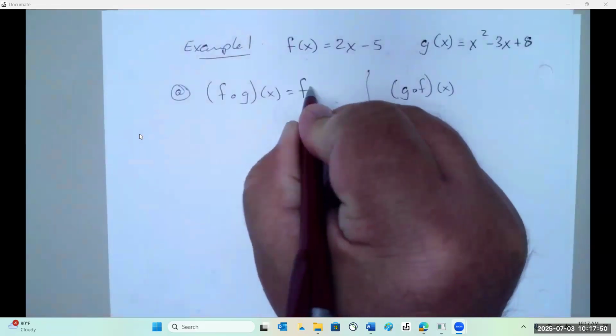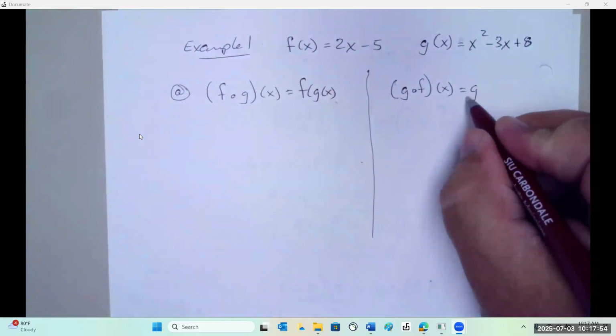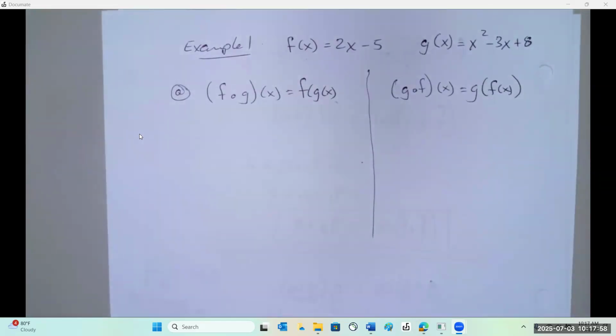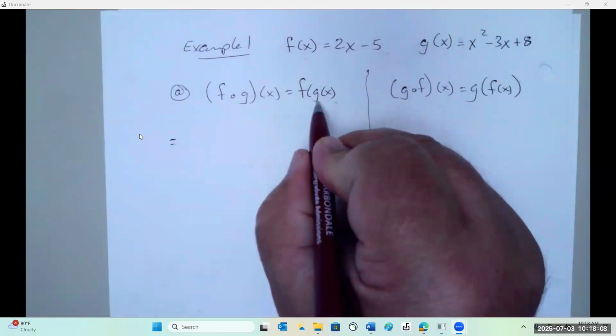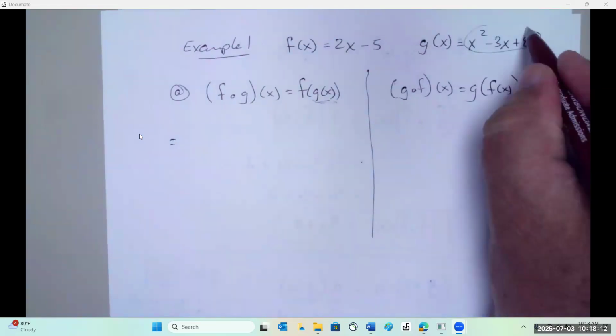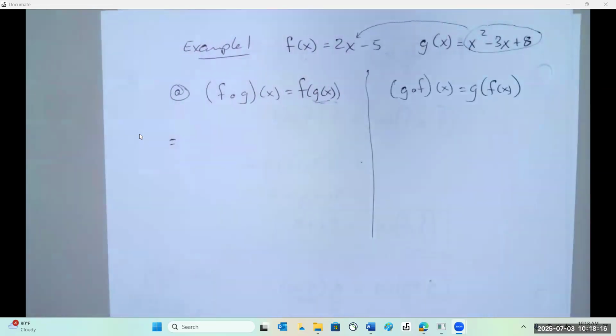Remember, FOG is f of g of x, and GOF is g of f of x. So the first one, I take my g function, which is this, and I put that anywhere I see an x in the f function.